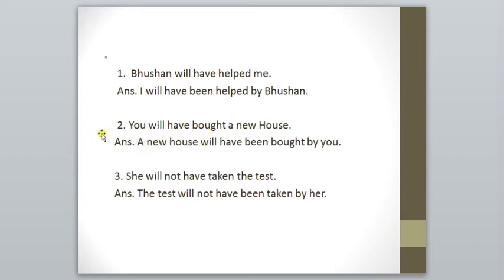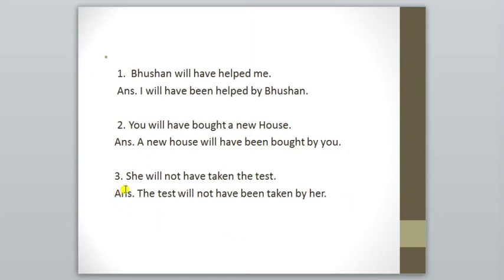Now here what is the object? Please correct. A new house. Then write down a new house. Will. Then have. New word which is used in perfect tense. Correct. That is the been. Very good. Then past participle of verb is bought by you. A new house will have been bought by you.